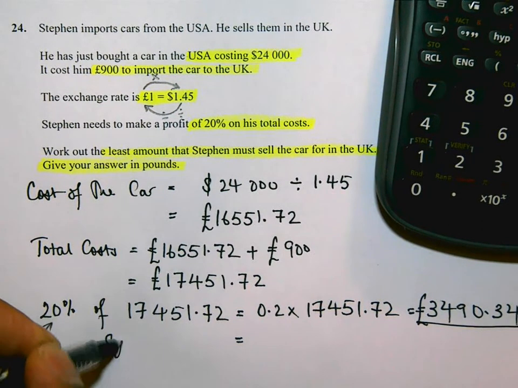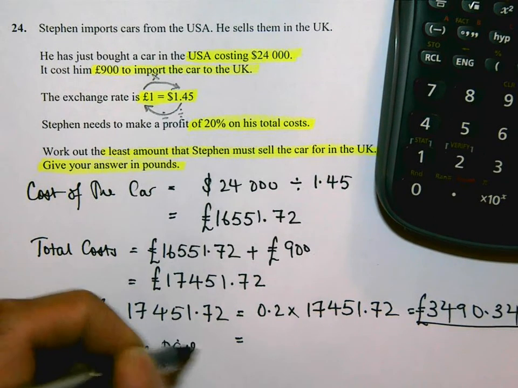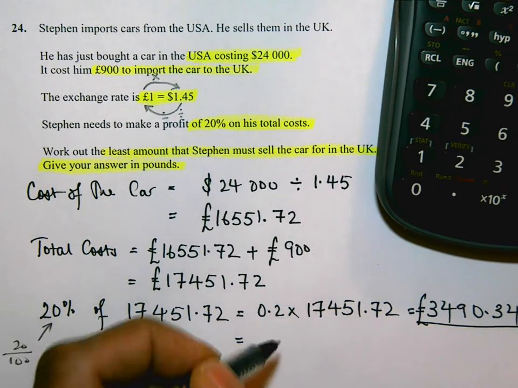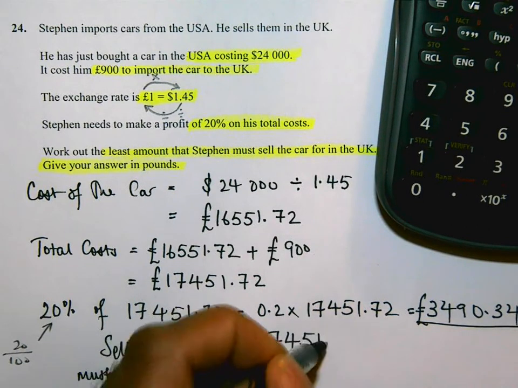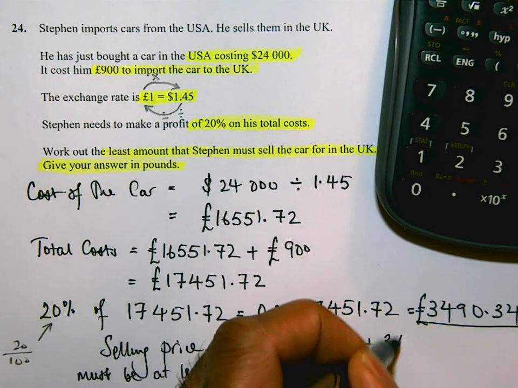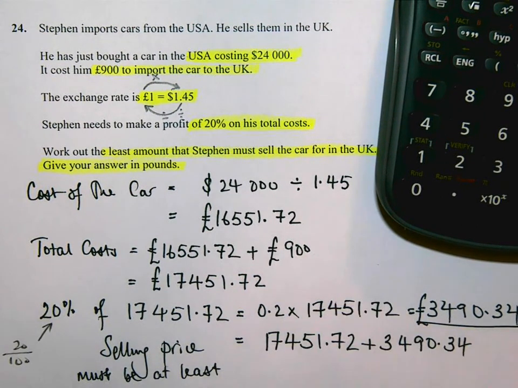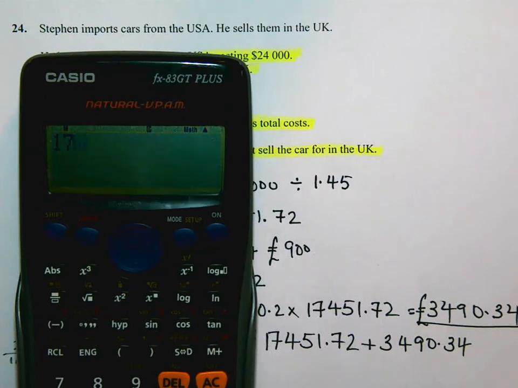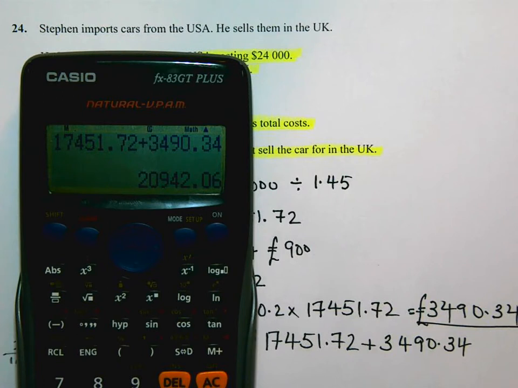So the selling price must be at least 17451.72 plus 3490.34, and that's 17451.72 add 3490.34 equals £20,942.06.